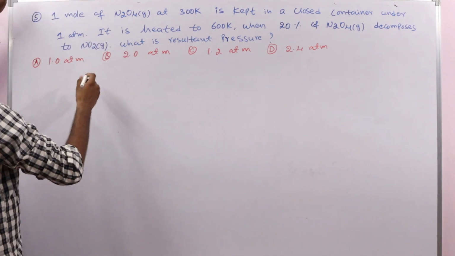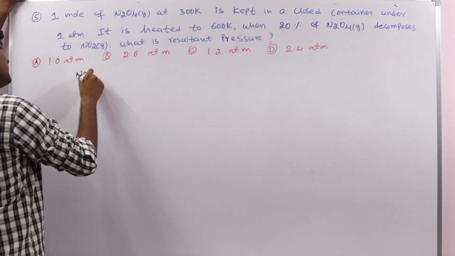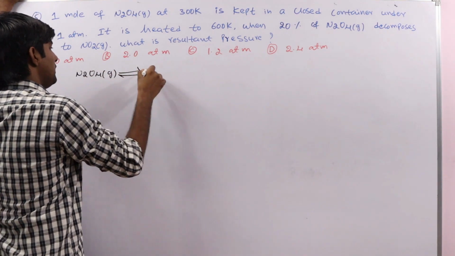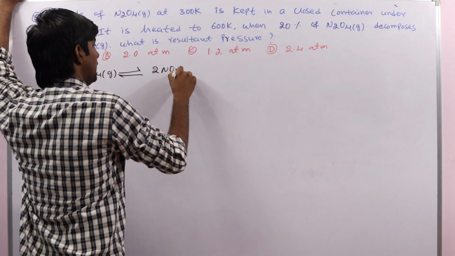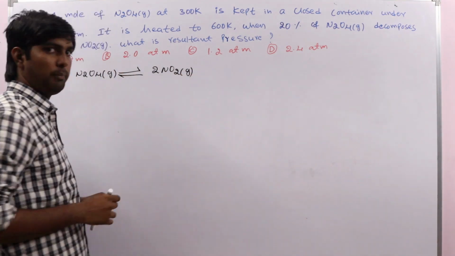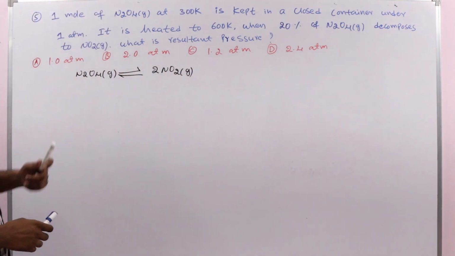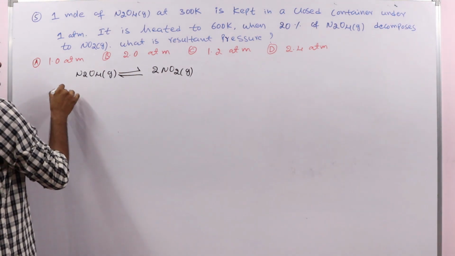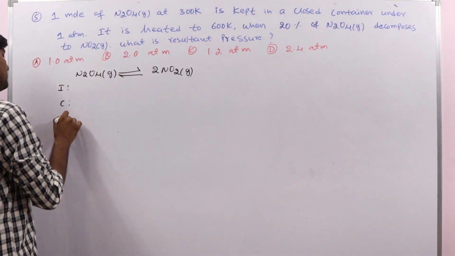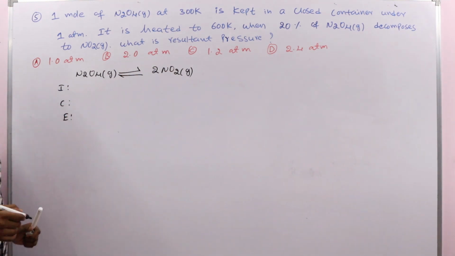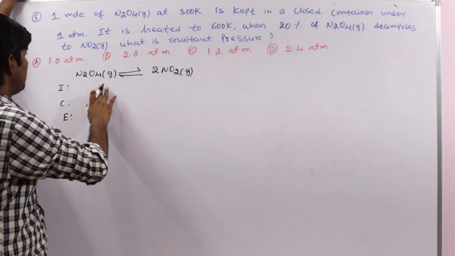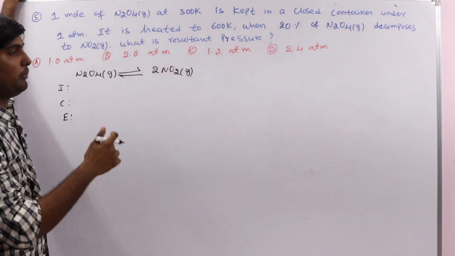Here N2O4 dissociates to give NO2. This is the balanced equation of decomposition of N2O4. First we have to write the ICE table, from which we calculate how many moles of N2O4 and NO2 are present at equilibrium.